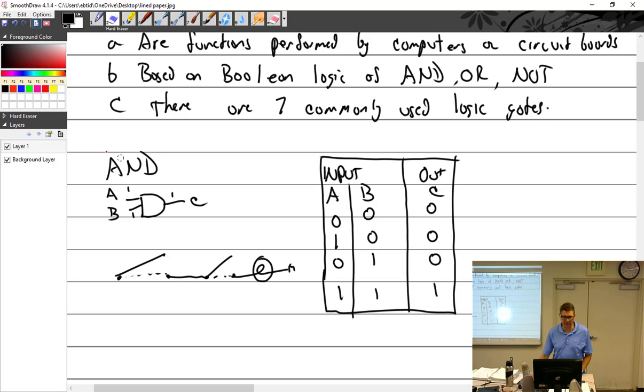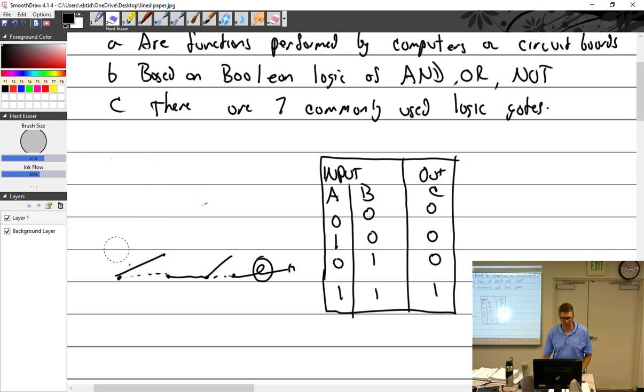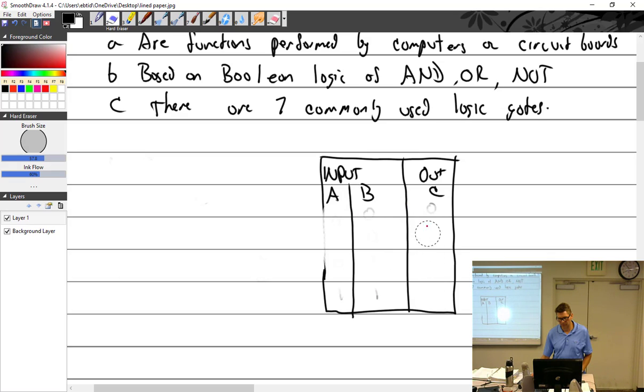All right, so we have the AND. What do we got next? The OR. The OR looks like an AND, but kind of doesn't.